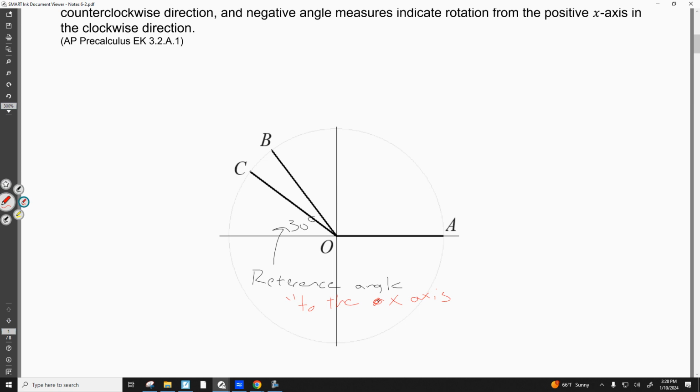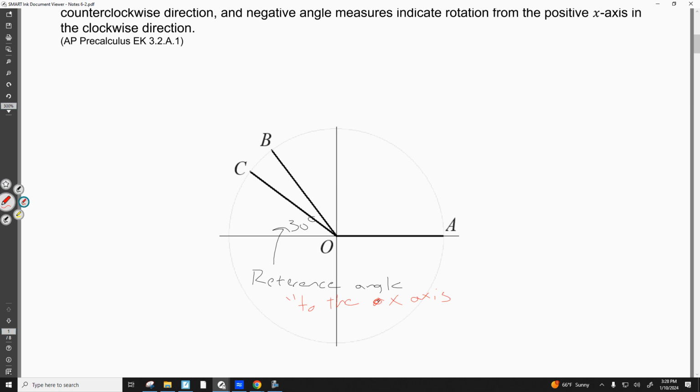Where's 330? Tell your neighbors, or draw 330 over here. What does 330 look like? And then tell your neighbors, where exactly is 330? Good.